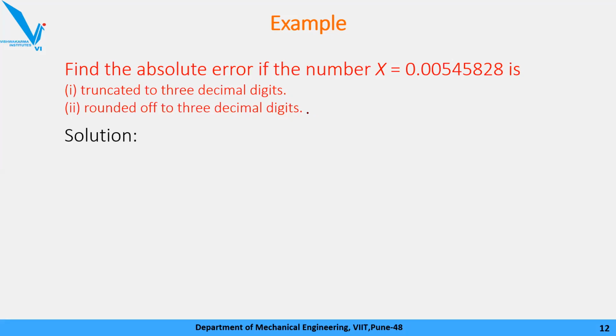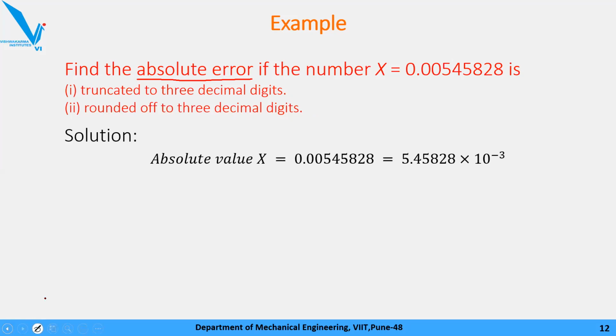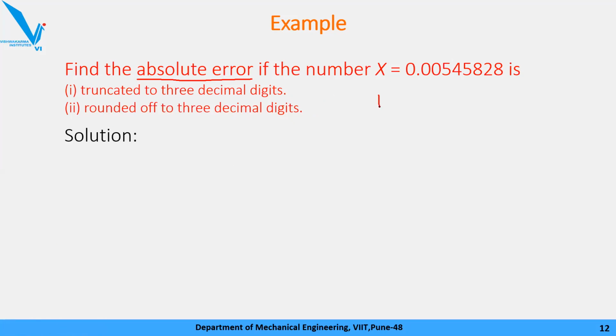First, what we need to find here is the absolute error. We know the formula to calculate absolute error. If you recall yesterday's lecture, the absolute error is calculated by true value minus approximated value, exact value minus approximated value. The difference between these two is nothing but your absolute error.